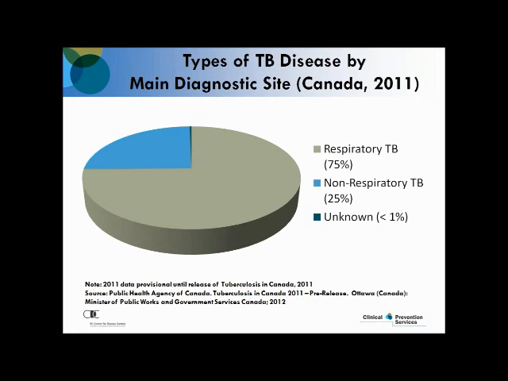The majority of TB cases occur in the lung. In Canada, approximately 75% of TB disease is respiratory TB. And so what we're looking at, as well as within this lovely graph here, is the non-respiratory. Sometimes people will be identified for empiric treatment, where we're thinking about TB, so let's treat them.